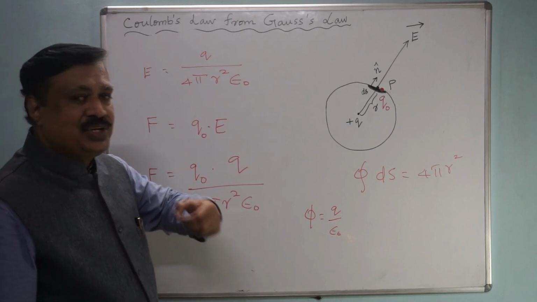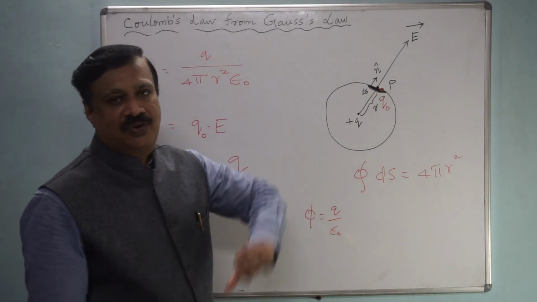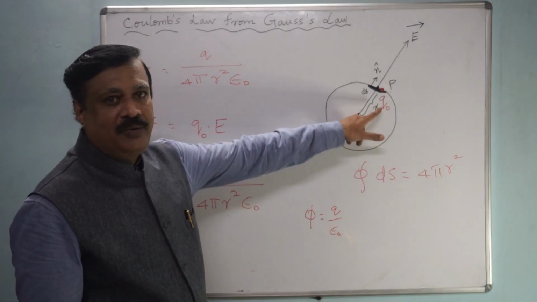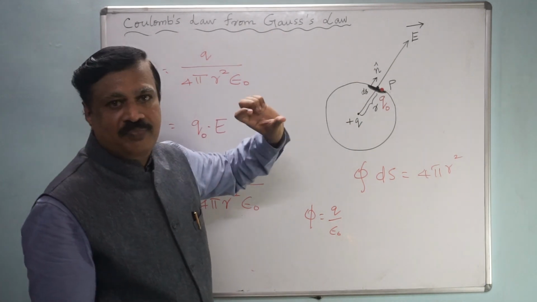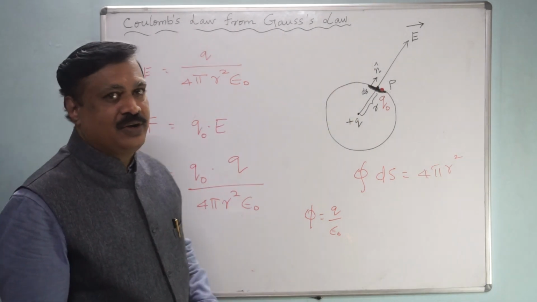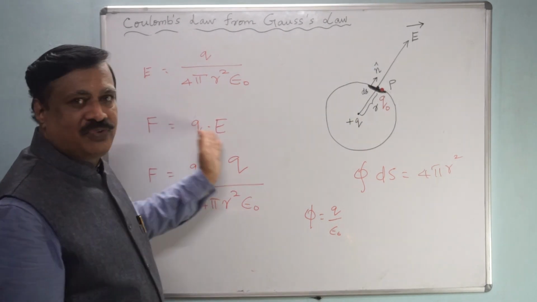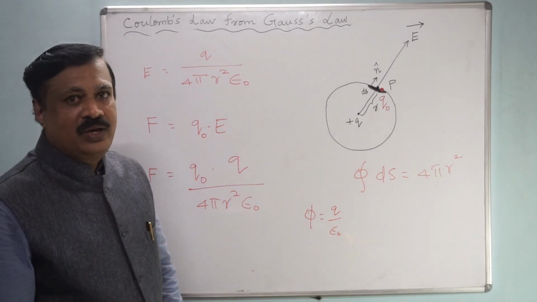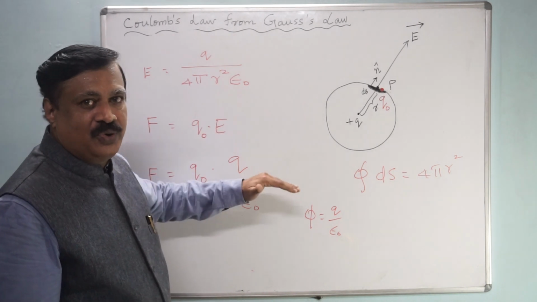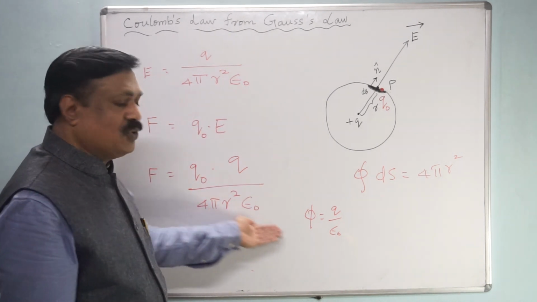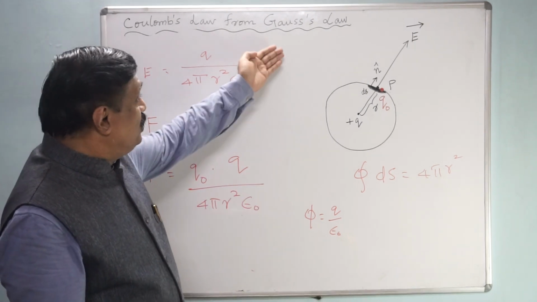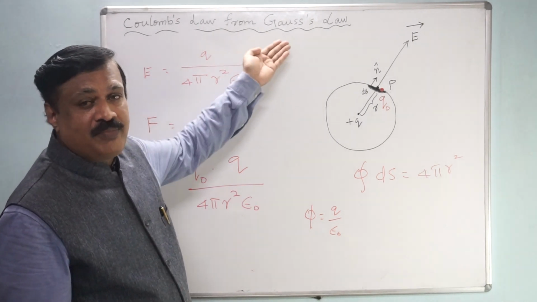Therefore you consider one more charge on the surface. Now Q0 and Q both are at a distance R, the radius of the sphere. Using F equals Q into E, you substitute this E value, and you got F, which is Coulomb's law. Therefore you have derived Coulomb's law from Gauss law.